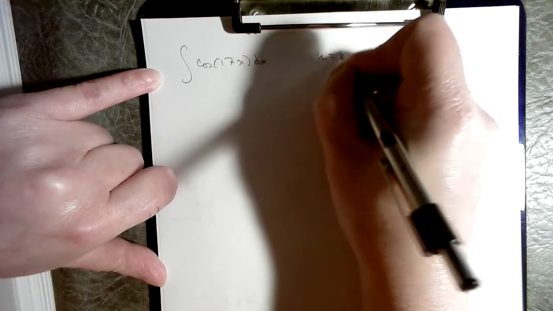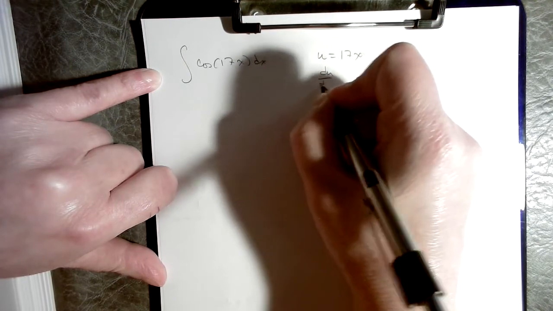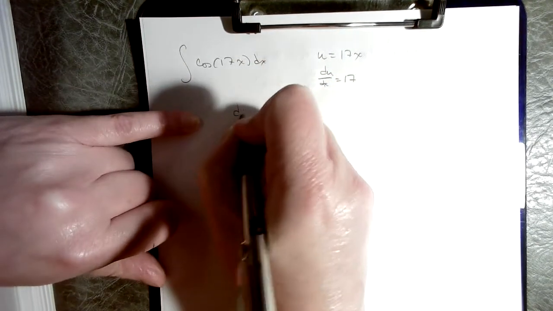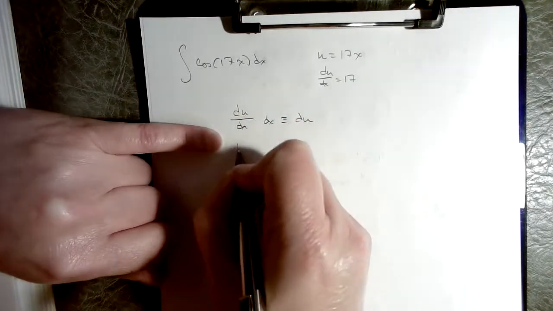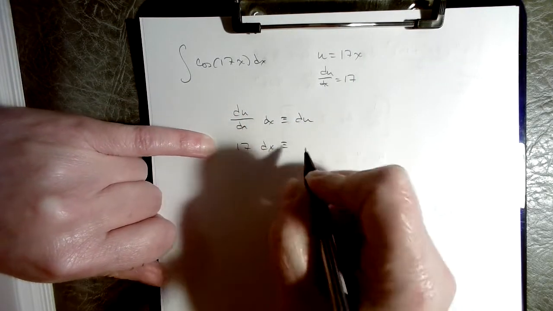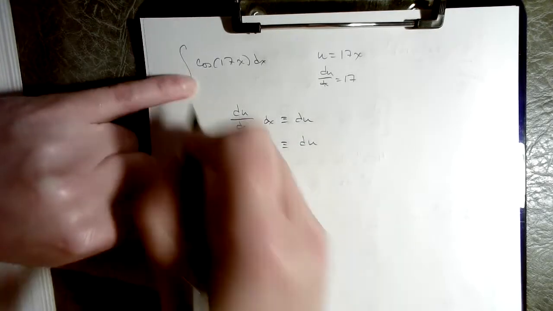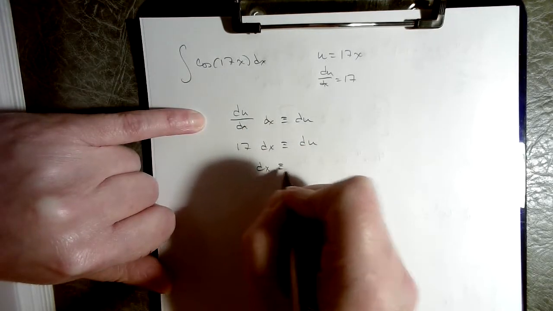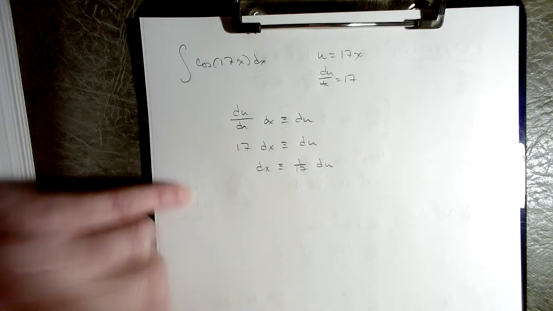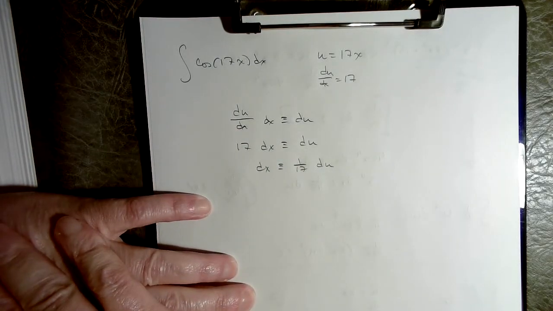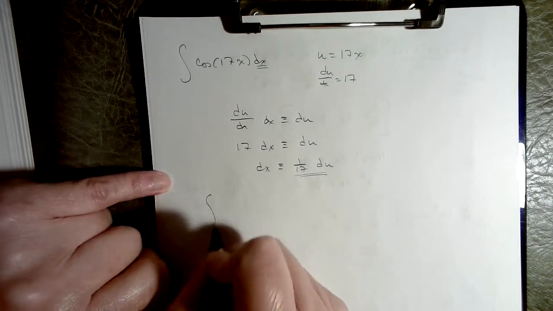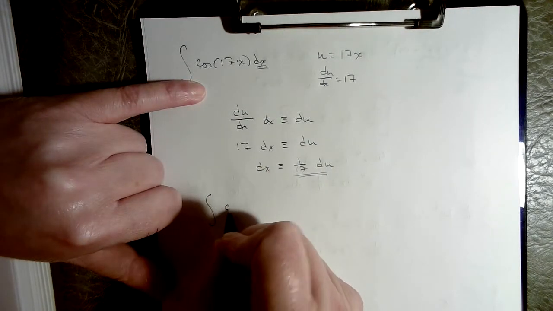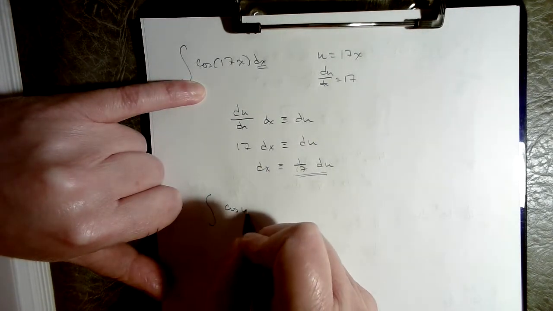Okay, so the integral of cosine 17x dx. u is your 17x, du/dx is 17. Here's your magic box. du/dx is equivalent to du. 17 with my dx operator is my du operator. I don't have the 17. So dx is equivalent to 1/17 du. Now I can swap my pieces out. dx swaps out for 1/17 du. Cosine 17x swaps out for a cosine u.